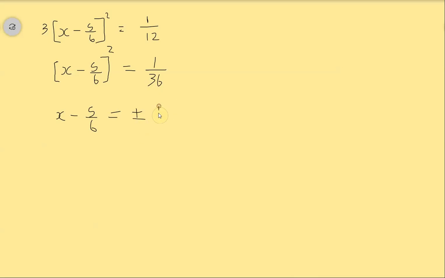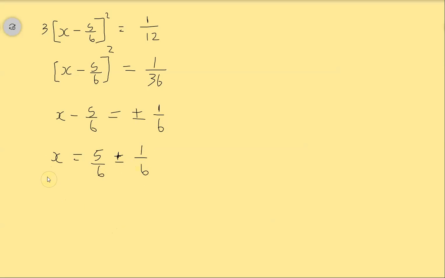See, it can be easily forgotten, but if you forget it, then you're losing a solution to the problem. Now we transpose for x, and we get x is equal to 5 upon 6 plus or minus 1 upon 6.